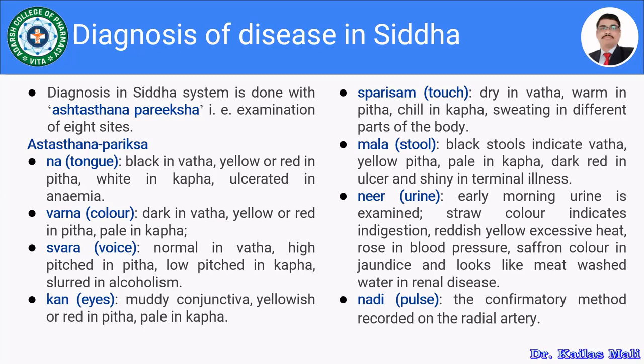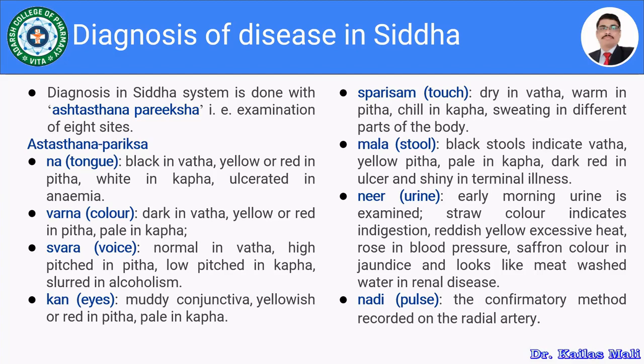Then varna, that is the color. The varna is dark in vata, yellow or red in pitta, and pale in kapha. Then voice or swara is normal in vata, high pitched in pitta, low pitched in kapha, and slurred in alcoholism.